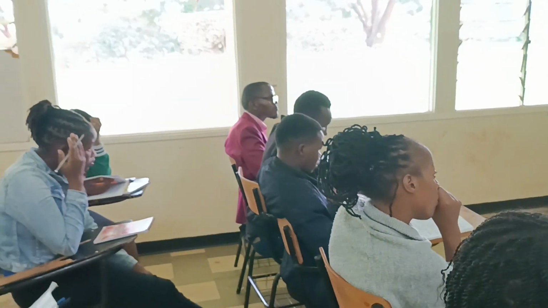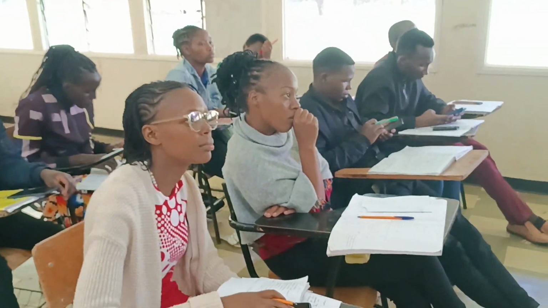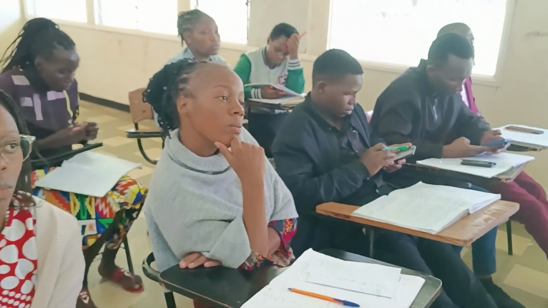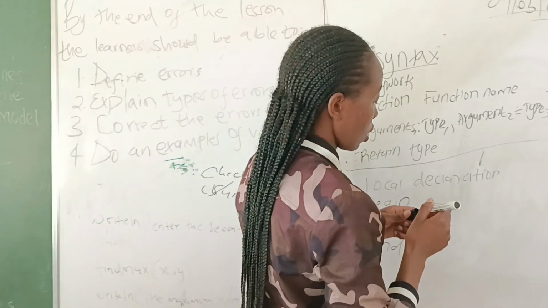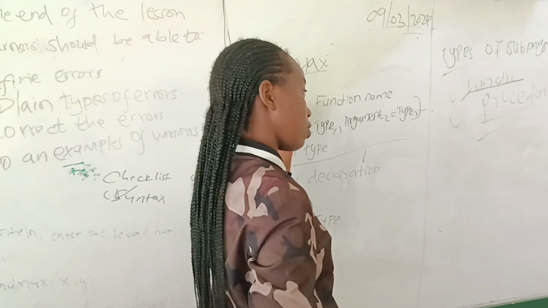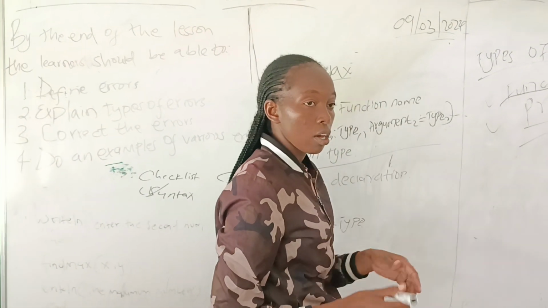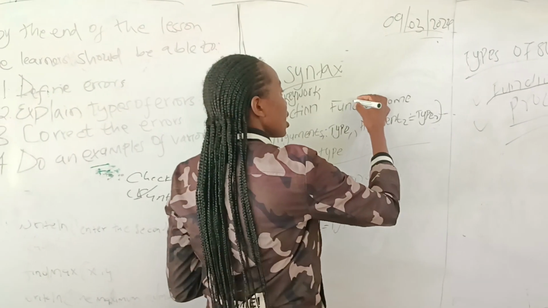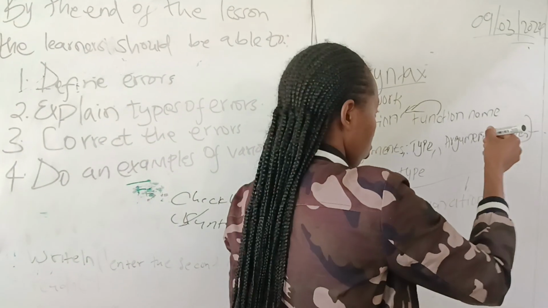I need to explain this so that you can get it. So syntax: function, and function name. Function is the keyword function. So when you are writing a syntax, you start with the keyword function. Then you step to the function name. You name the function.